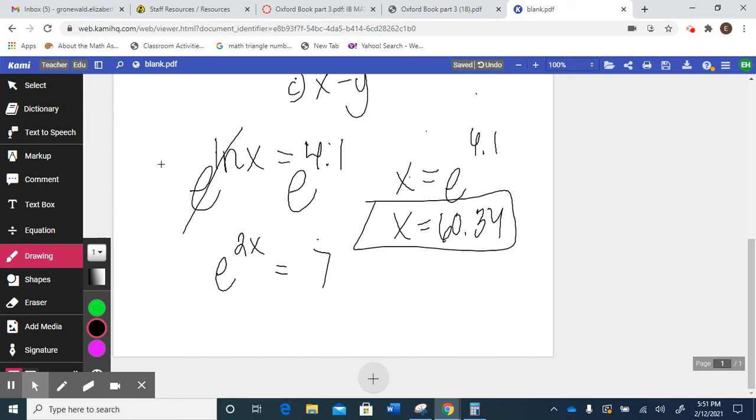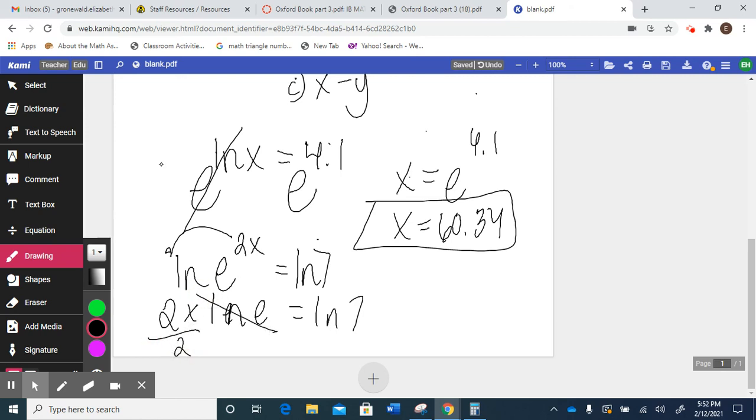In order to bring this power down, just like with a regular log, I'm going to take natural log to both sides, and because my log rules still apply on natural logs, the 2x can jump to the front. Okay, and then those cancel. You'll be able to divide by 2, and then you will have what x equals if you take natural log of 7 divided by 2.